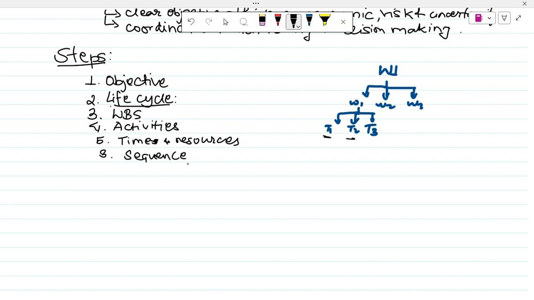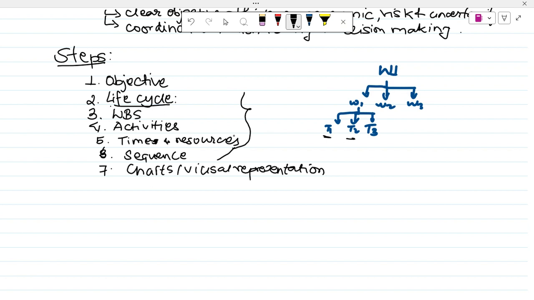The sequence is generally prepared in terms of Gantt charts or any other visual representation. Why is this done? To communicate the planning of these phases.